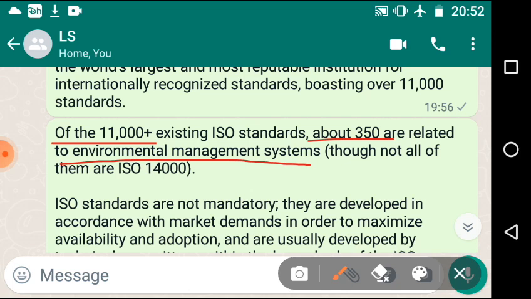So there are now more than 11,000 ISO standards. About 350 are related to the environmental management system.